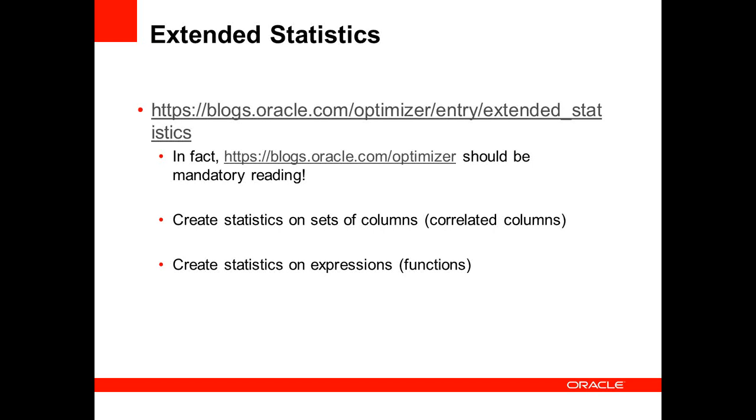The optimizer might have a lot of information on A and a lot of information on B, but it might know nothing about A plus B divided by 2. We can now, in 11g and above, gather statistics on that expression so that when the optimizer sees it in the where clause, the optimizer can come up with a correct cardinality estimate.